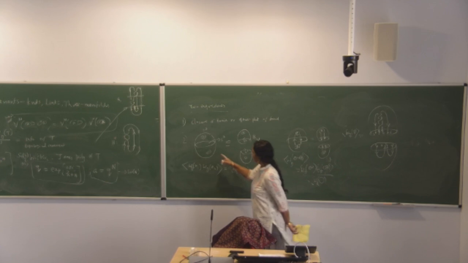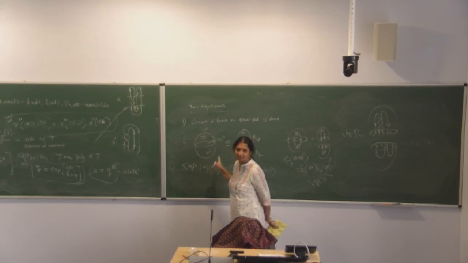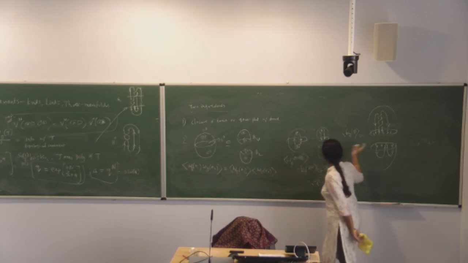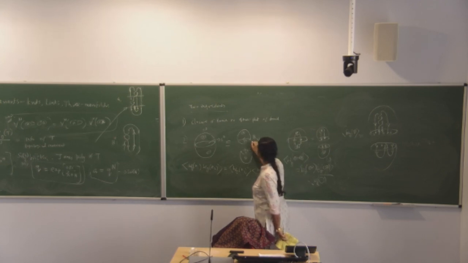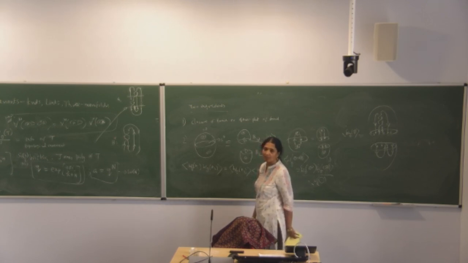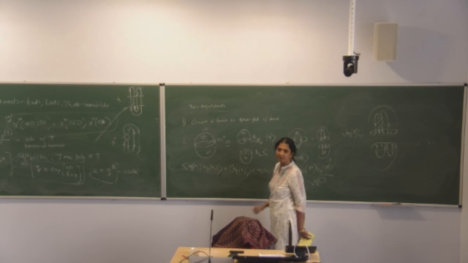So the second ingredient was that to evaluate any knot in S3, any of these knots, we try and associate a state psi on the S2 boundary, and this one will be in the dual space.